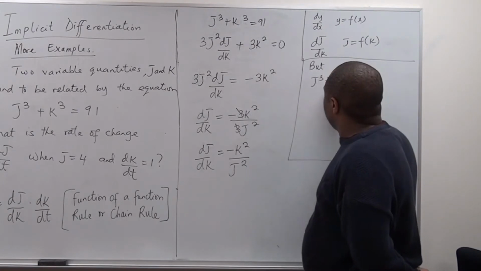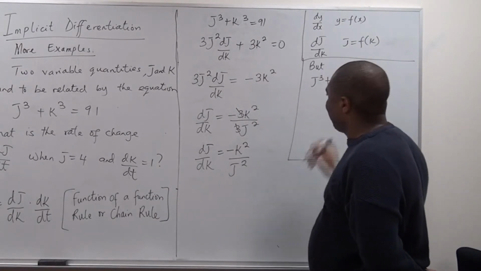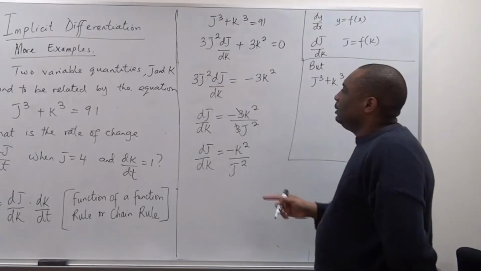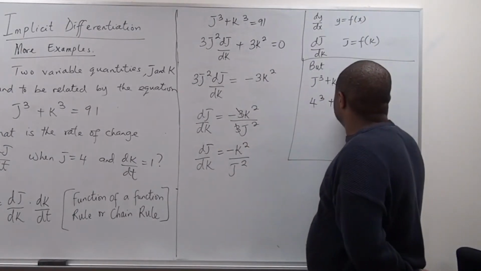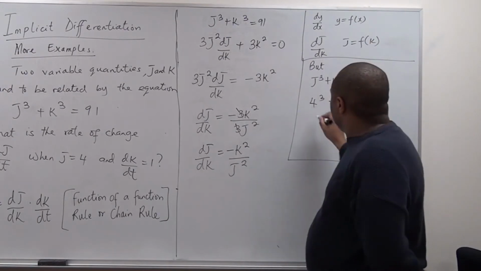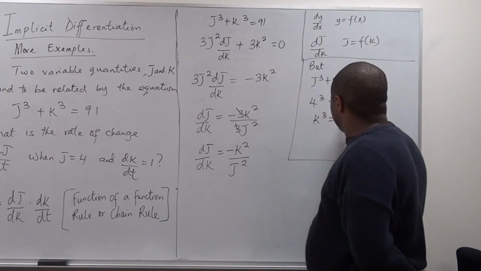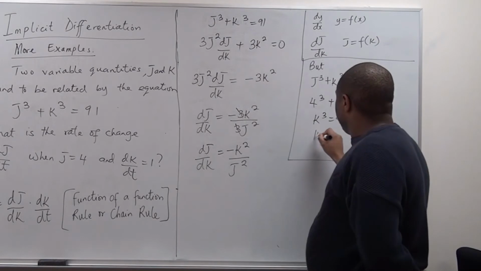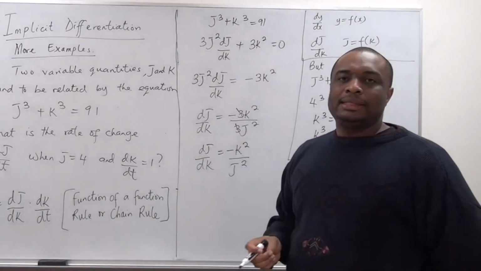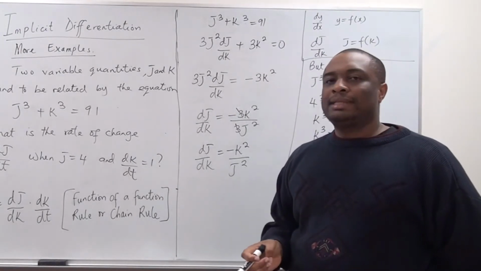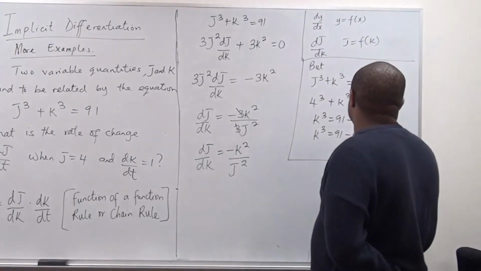j cubed plus k cubed is 91. j is 4. So 4 cubed plus k cubed is 91. So k cubed is 91 minus 4 cubed. 4 times 4, 16 times 4, 64.